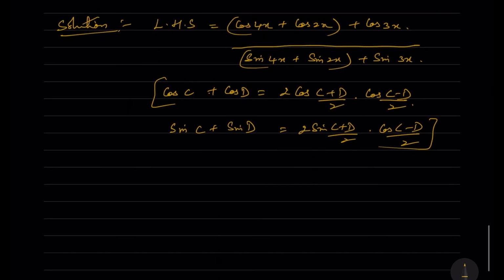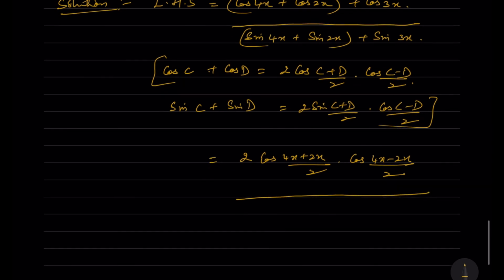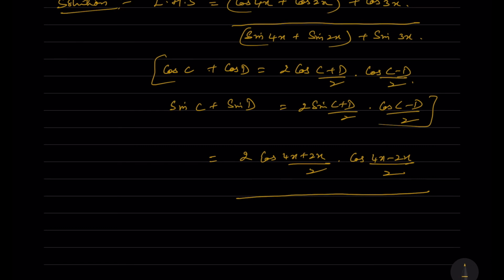So it is equal to 2 cos of (4x+2x)/2 into cos of (4x−2x)/2, divided by sin 4x plus sin 2x, which we can write as 2 into sin (4x+2x)/2 into cos (4x−2x)/2.